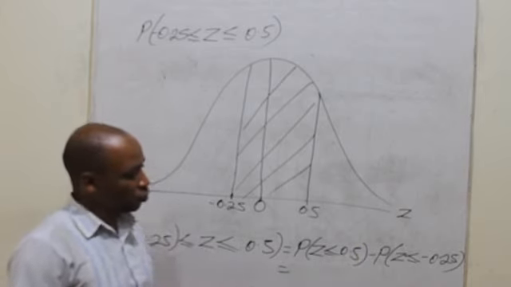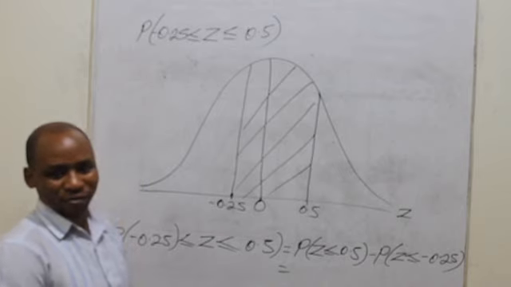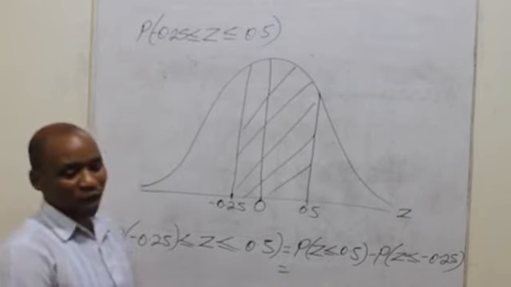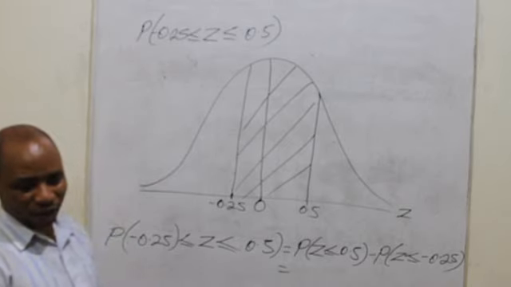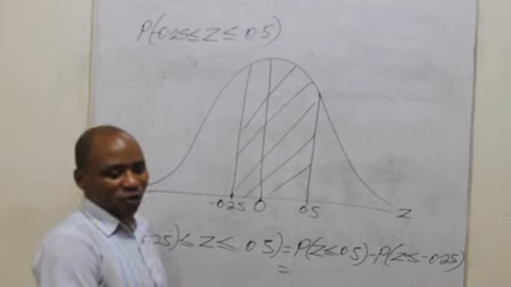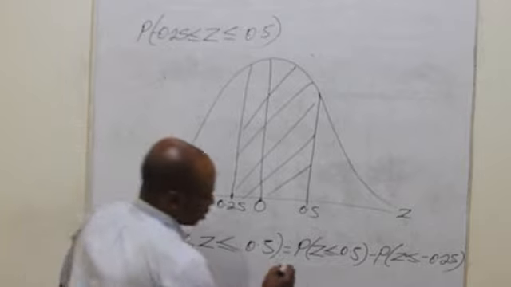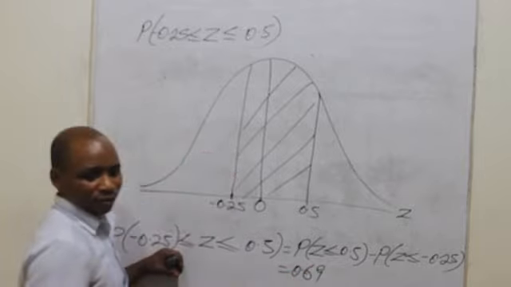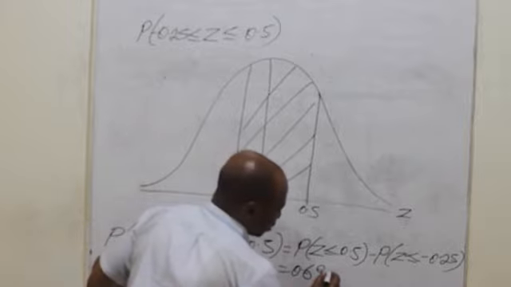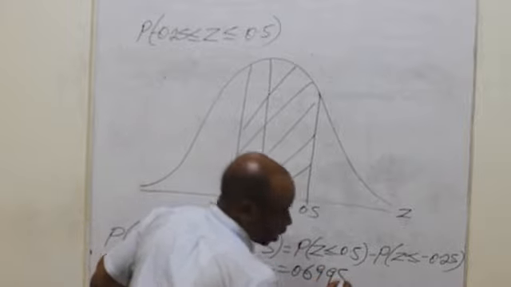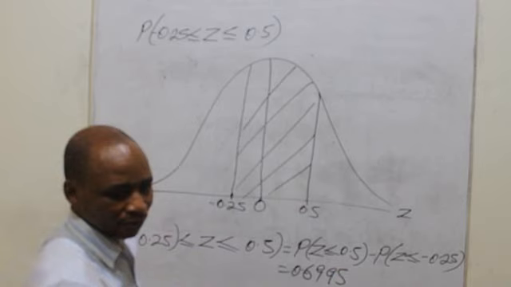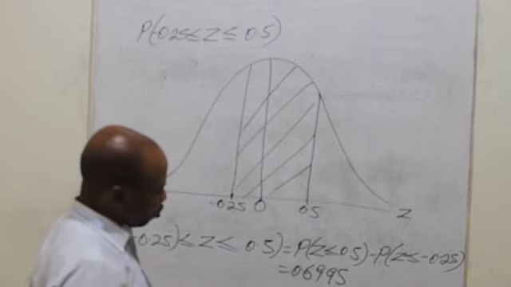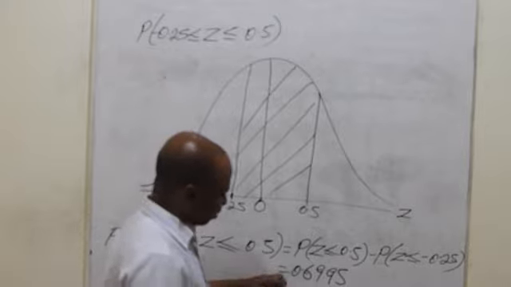So you trace it horizontally till you get to the column headed by 0. And the value there is read 0.6995. Sorry, it's rather 0.6915.